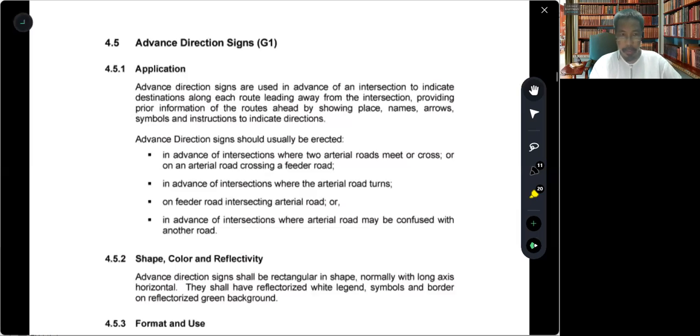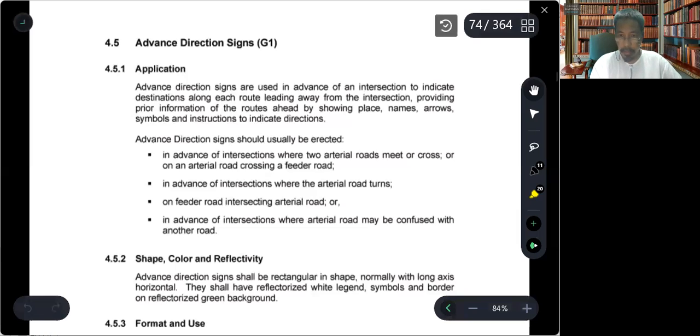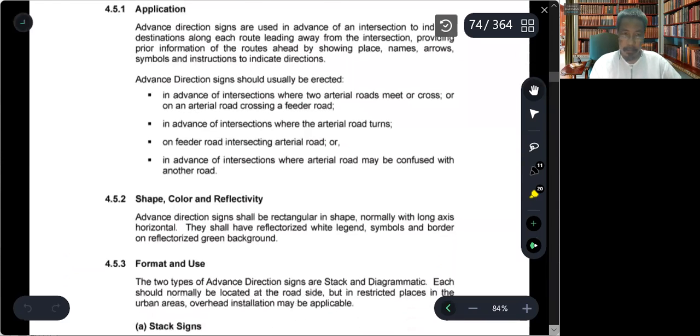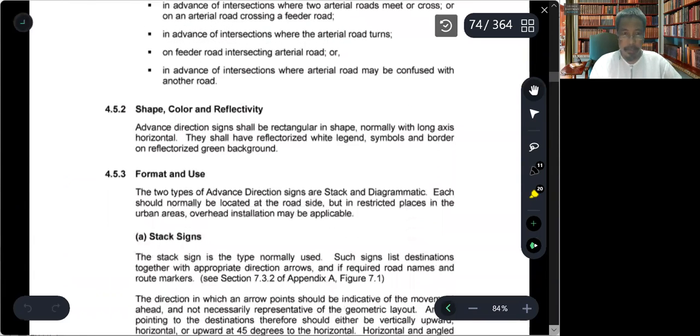It could also be erected in advance of intersection where arterial road may be confused with another road. Okay, we already talked about the shape, color, and the reflectivity of this type of signs.